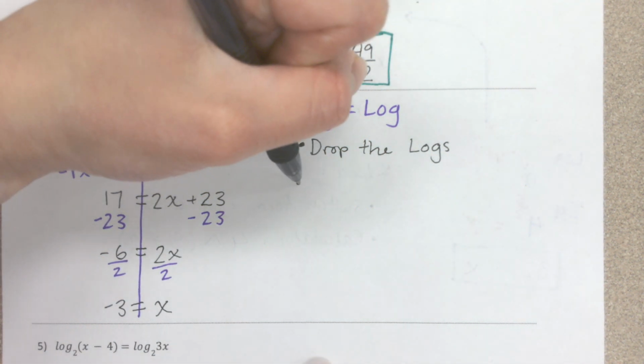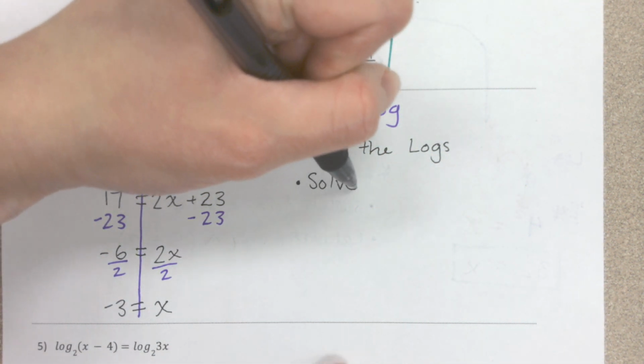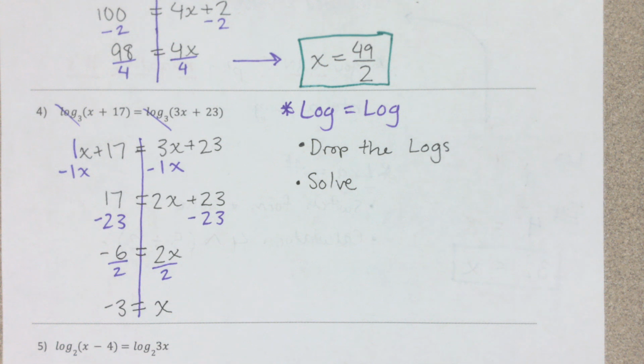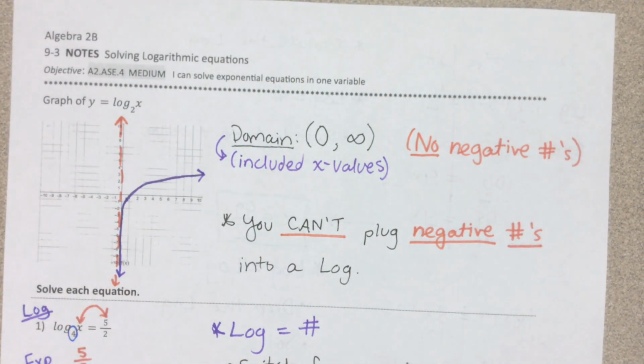Drop the logs, solve. There is a catch. While this is a lot more straightforward to solve than the previous problems, dropping the logs, there's an issue with it. So I'm going to flip back to the front side real quick. This rule here, you can't plug negative numbers into a log.